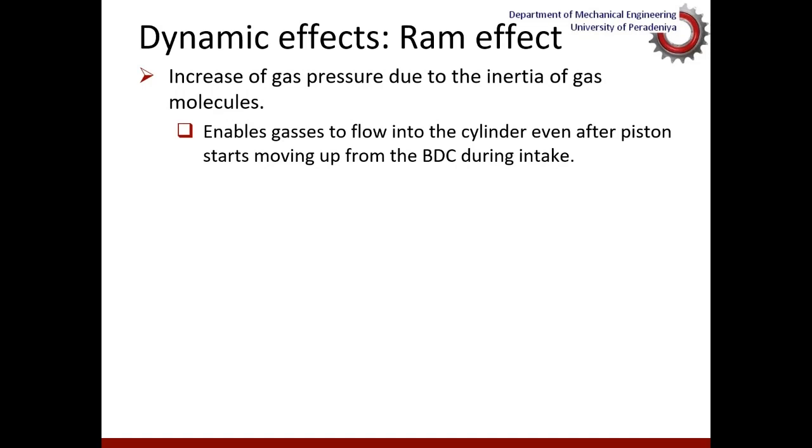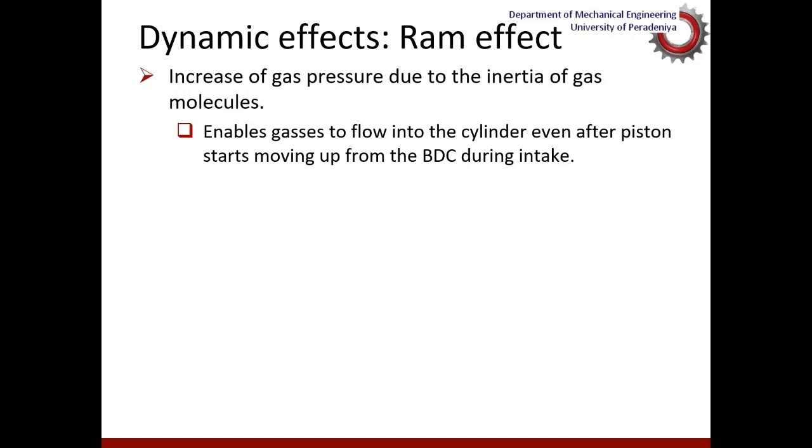Now, if you recall, we looked at earlier that the intake valve is kept open even after the piston reaches its bottom dead center. And as I said earlier, under low speed conditions, it can be negative because there can be some backflow. That is what we saw in that mass flow diagram as well.